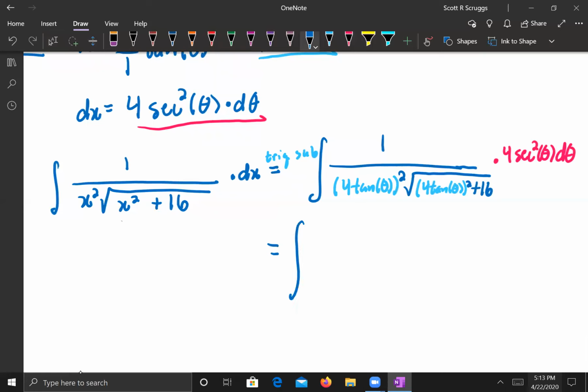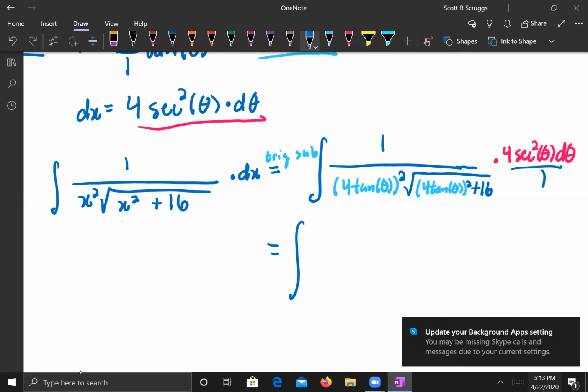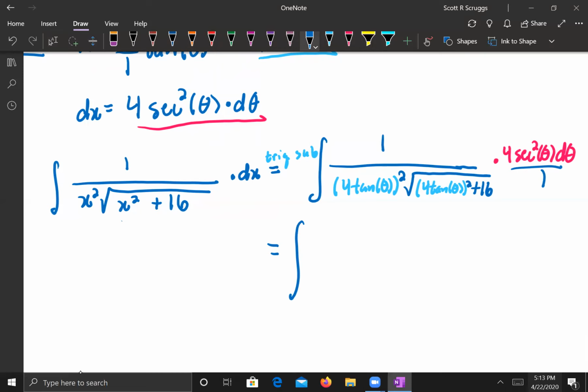First thing I want to do, since I'm multiplying two fractions, I'm just going to move the 4 times secant squared of theta to the numerator, divided by 4 times tangent, all of that being squared.